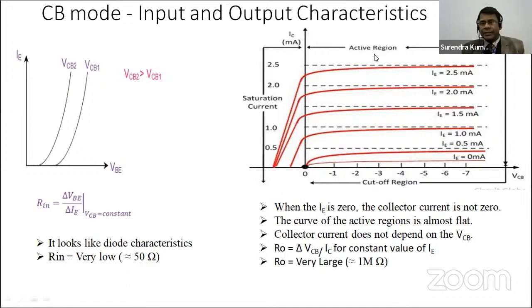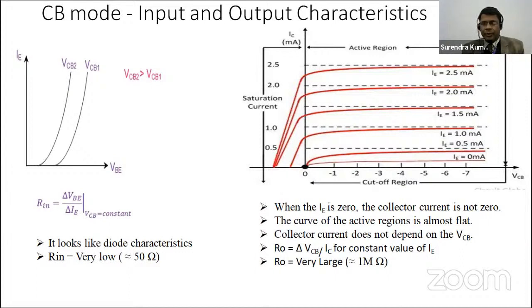This is the active region, for which we have almost constant current in this area, and in the saturation region, this is our linear region, where we have the straight line of this curve. And the dependency of this current IC, already we have discussed, IC is equal to alpha IE. So it depends on the IE.